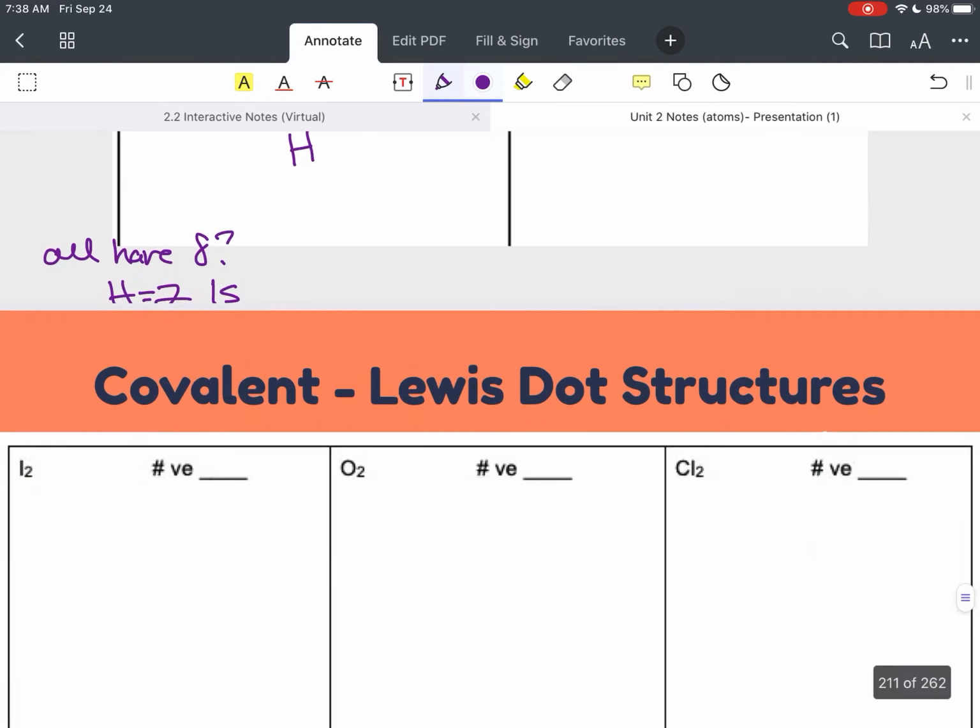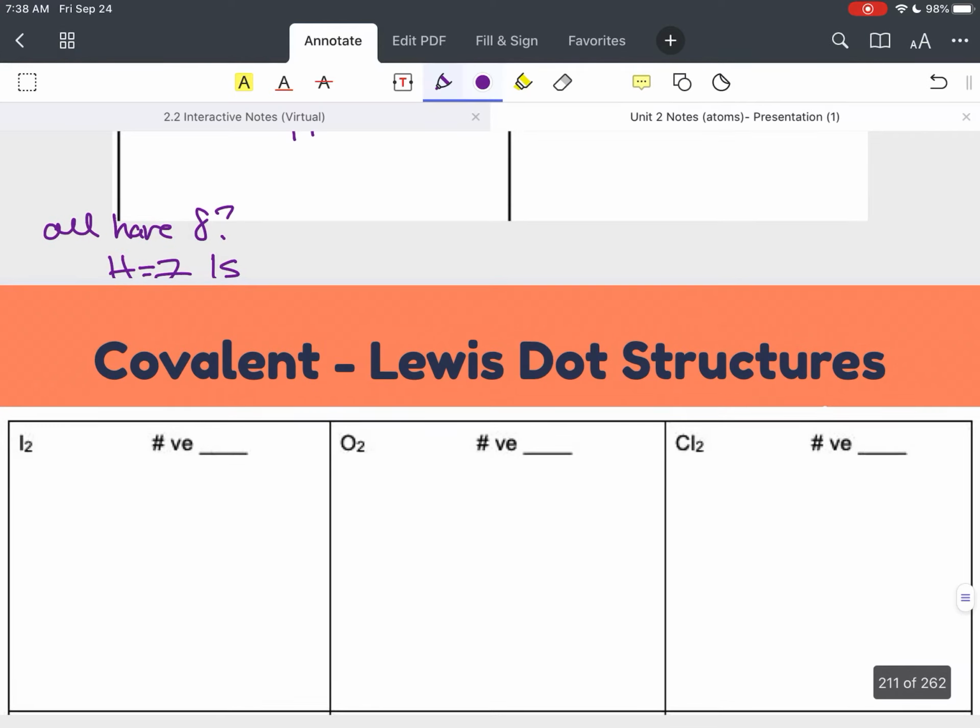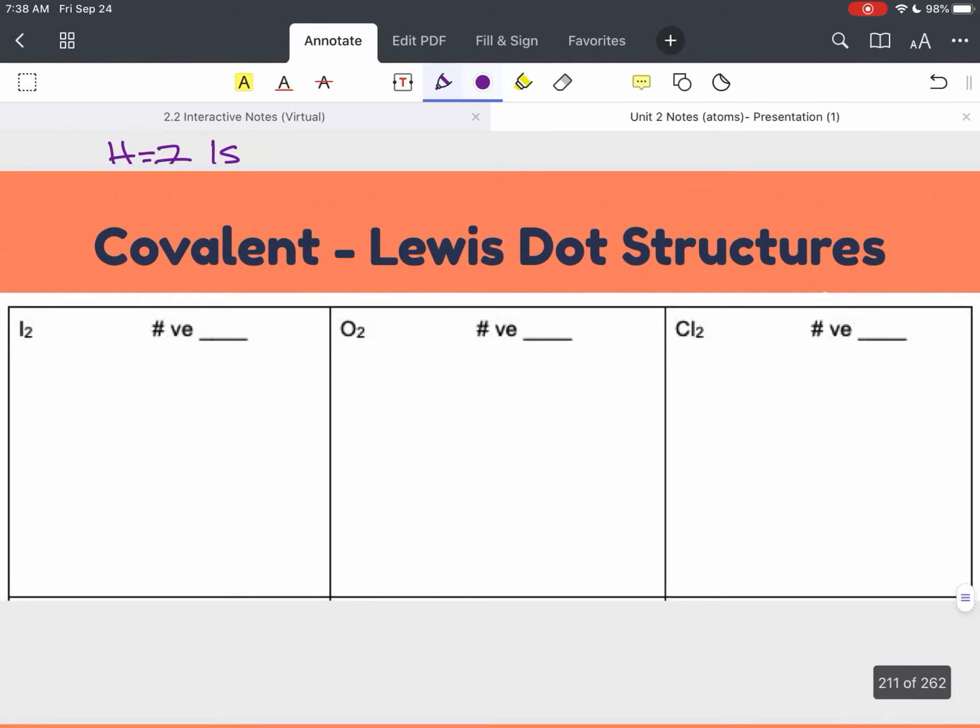Let's look right here. I think I have I2 on this slideshow twice. So iodine is in the 17th group, so that means 7, but there's 2 of them, so that's 14. Okay, there's 2 iodines.